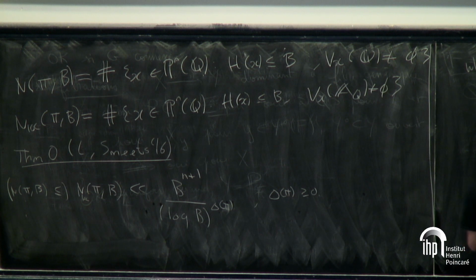So this is the definition of delta. Let D in P^n be a point of codimension 1, so you can think of this as the generic point of an irreducible divisor in projective space.